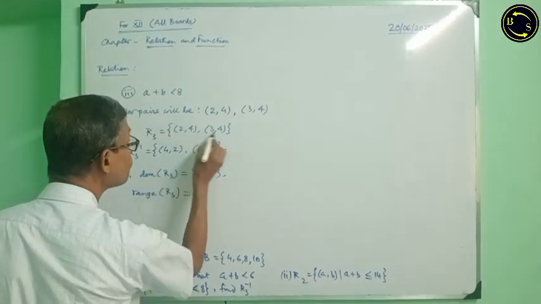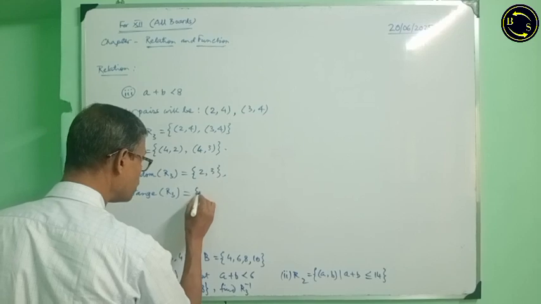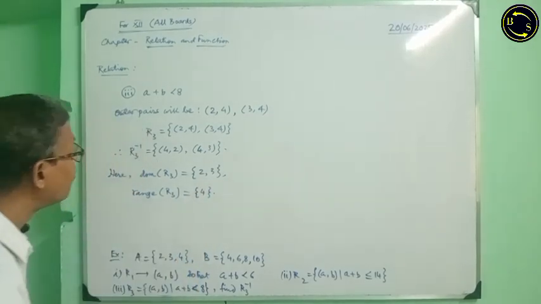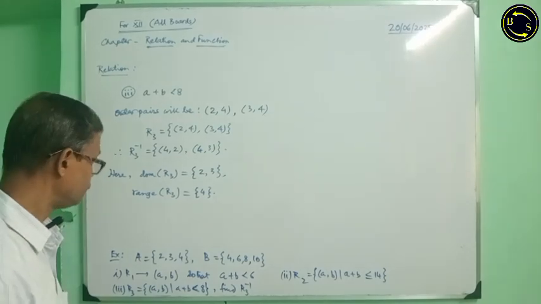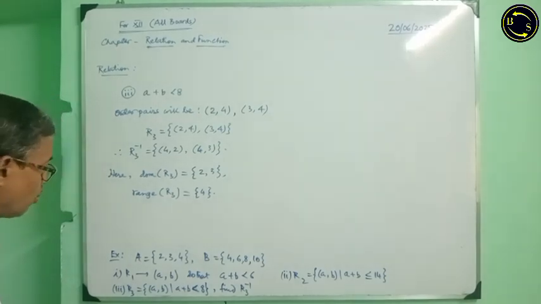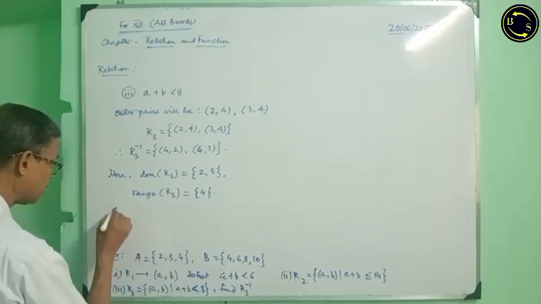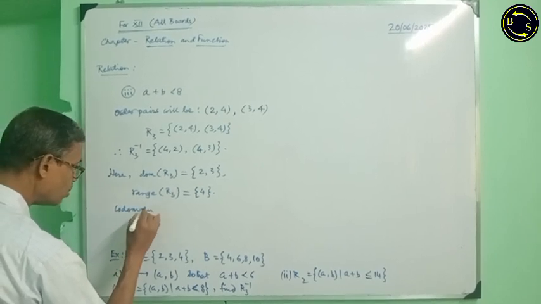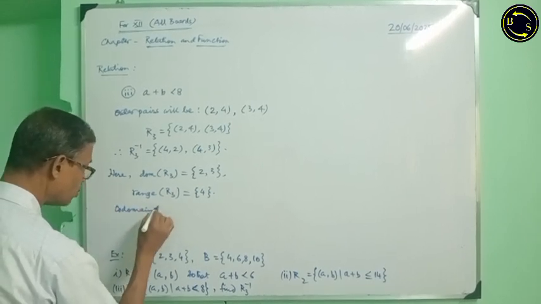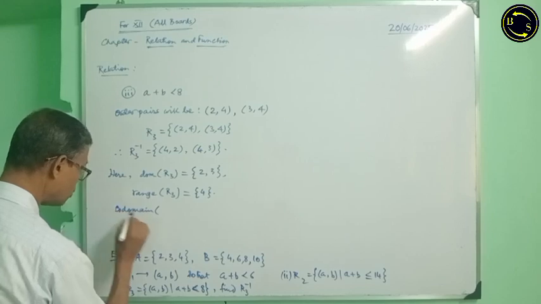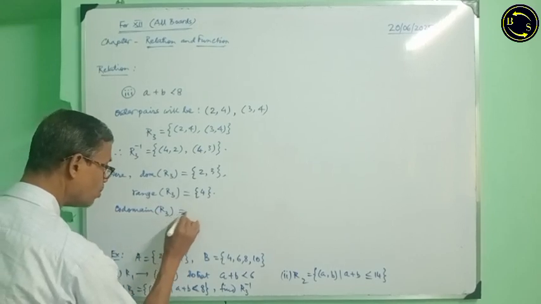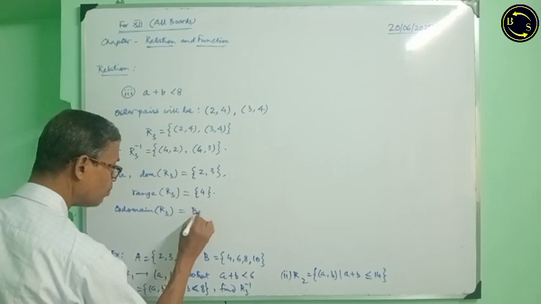That means 4, 4, that means the singleton set {4}. And already I have mentioned codomain in this case. This set B.